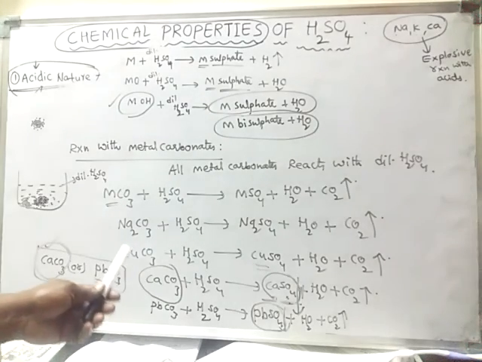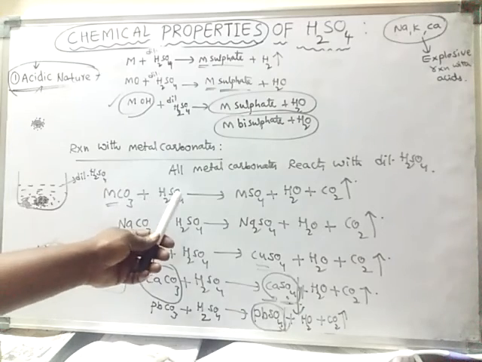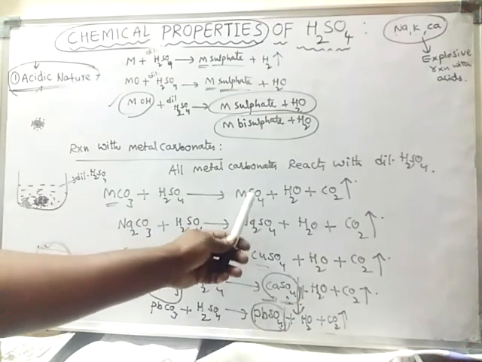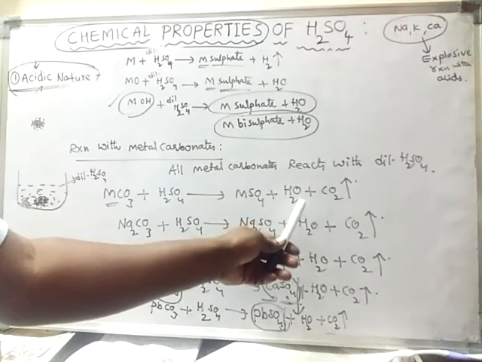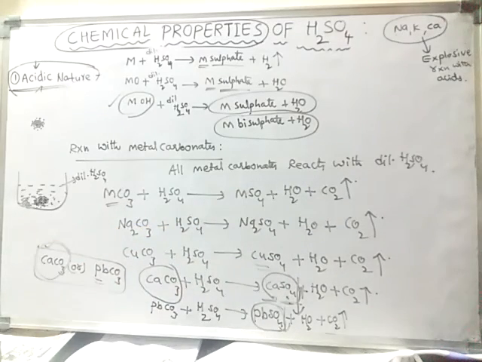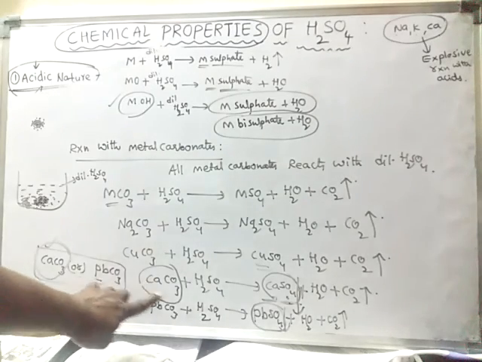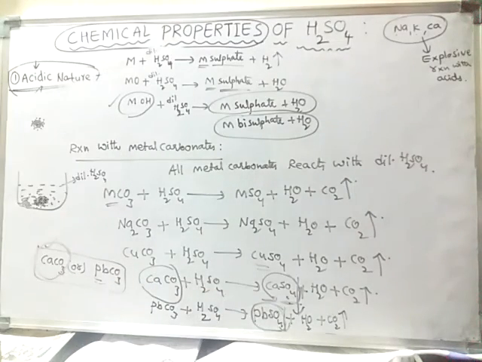Generally, metal carbonates react with dilute sulfuric acid to form metal sulfate and water, and carbon dioxide is liberated. Even in these two cases, the reaction takes place only for a few seconds or minutes initially, and afterwards it slows down and finally stops.